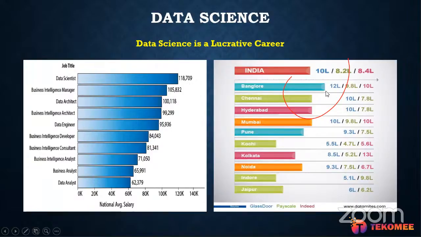In India, it is one of the top three countries where technology and data has evolved tremendously over the last 10 years. You can see the compensation that is given for a data science role. If it is Bangalore, it is providing you almost around 10 to 12 lakhs of package.